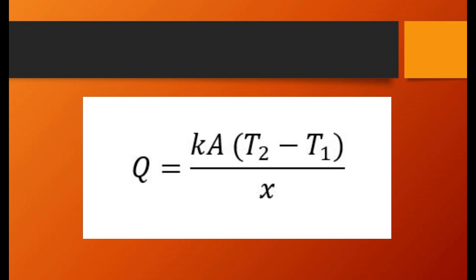So I'll go through the equation again. Q is equal to K A delta T by X. K here is the thermal conductivity, A is the cross-sectional area, T2 minus T1 is the temperature difference, sometimes called delta T, and X is the thickness.